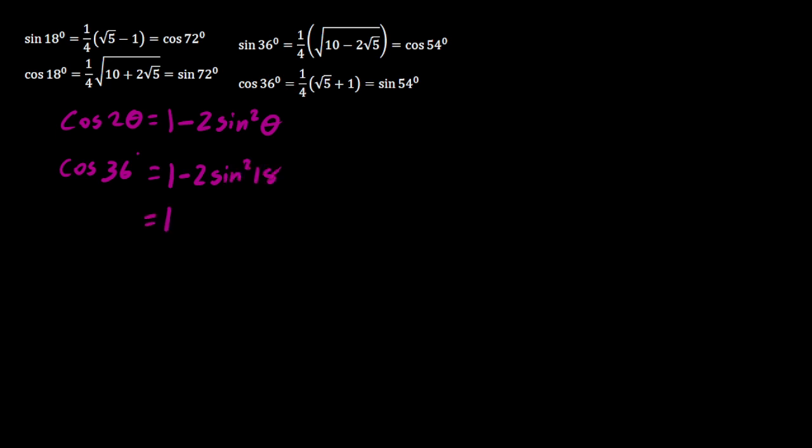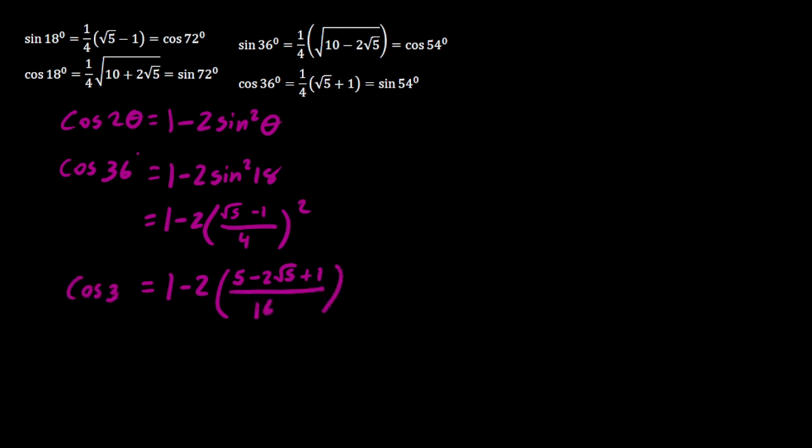And you can write this as 1 minus 2 times root 5 minus 1 over 4, squared. And when you square that, you get 1 minus 2 times 5 minus 2 root 5 plus 1 over 16.